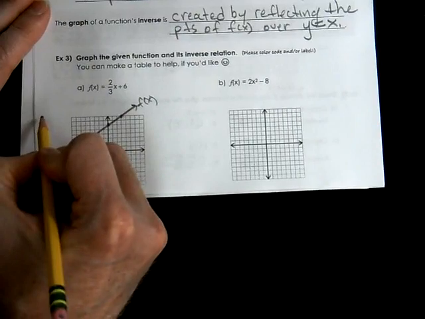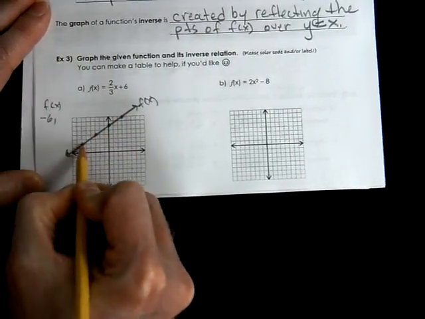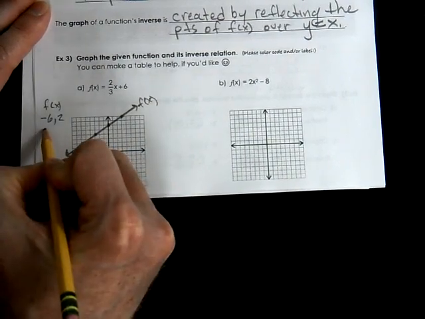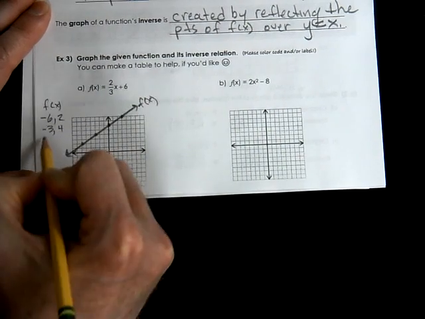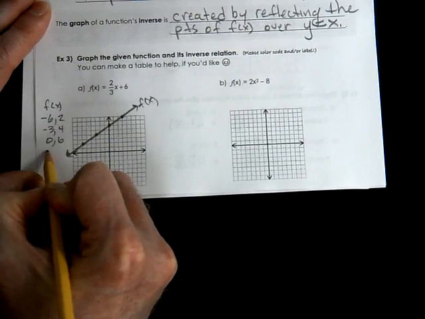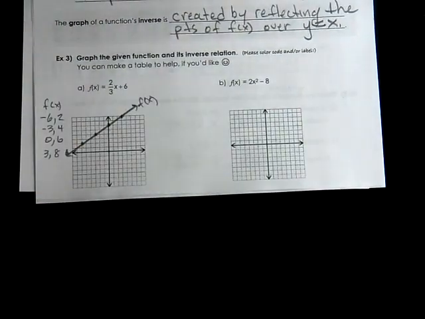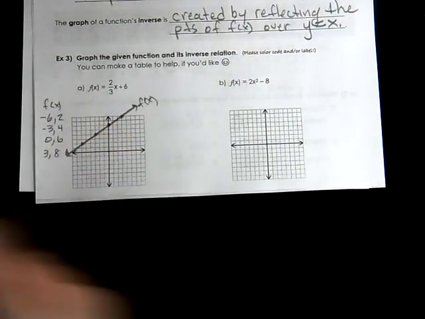So you can notice that this is at -6, 2, -3, 4, 0, 6, and 3, 8. Those are points that are creating your equation.